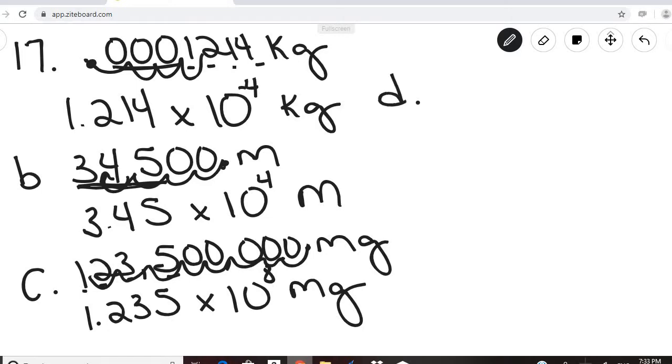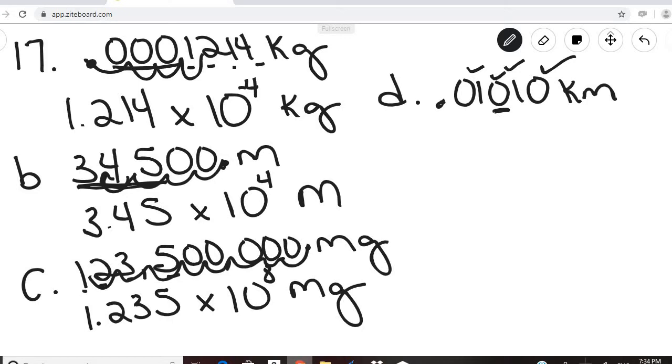Okay, and then 17D, 0.01010 kilometers. Okay, so if we look at significant figures, the non-zeros are significant, so there's 1, 2. This 0 is significant because it's to the right of the decimal place and at the end. And this one is also significant because it's between 2 significant figures.